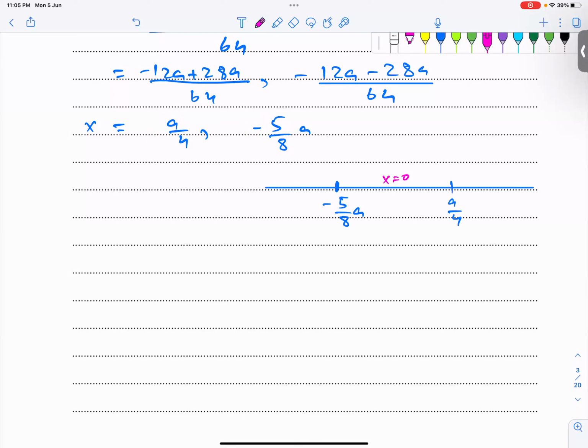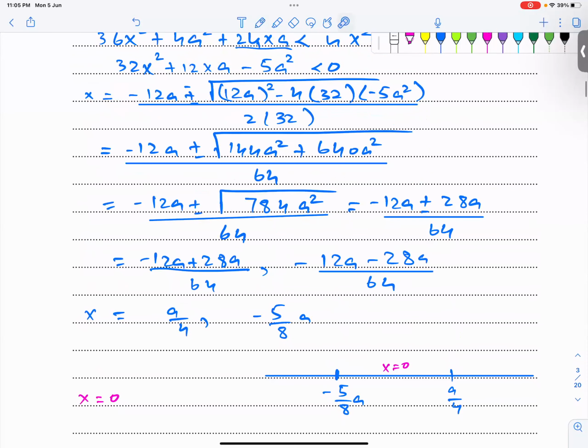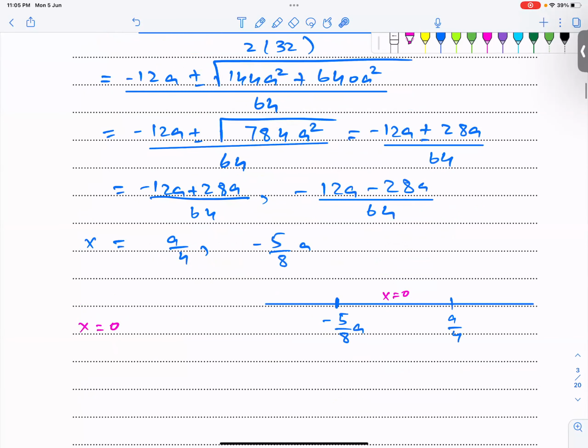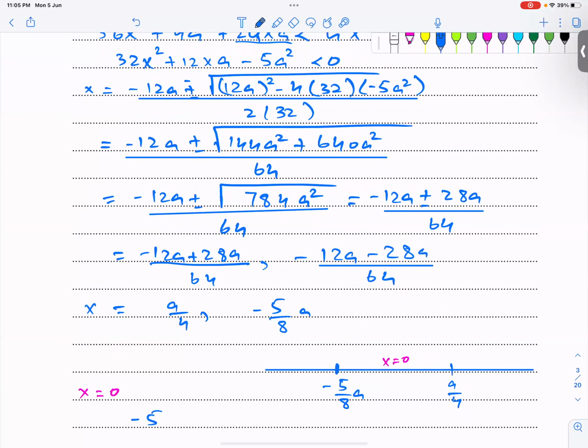So when I put x equal to 0, I will put it in the last inequality. So when I put 0 here in place of x, this will become 0. This will also become 0, and we are left with minus 5a square less than 0.